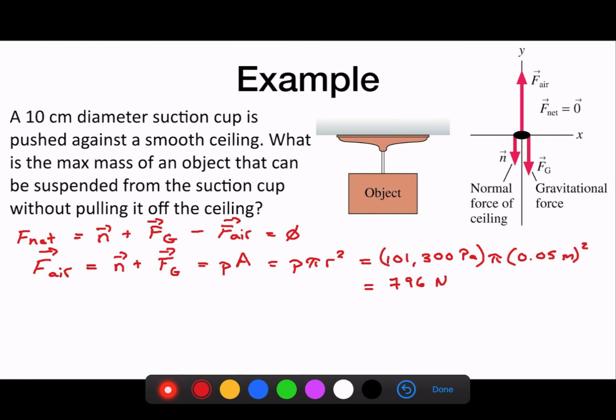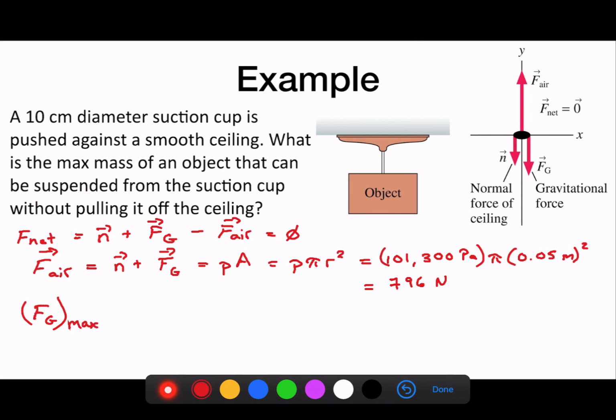Now what we want to find is the maximum mass of an object that can be suspended from this suction cup. In order to find the maximum mass, we imagine that the gravitational force is becoming larger and larger as we increase the mass of this object, because the gravitational force is just mass times g. Now imagine that we're able to increase it enough that the normal force goes to 0.